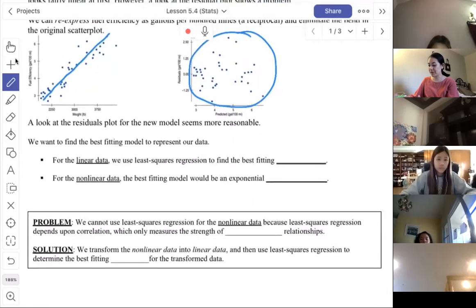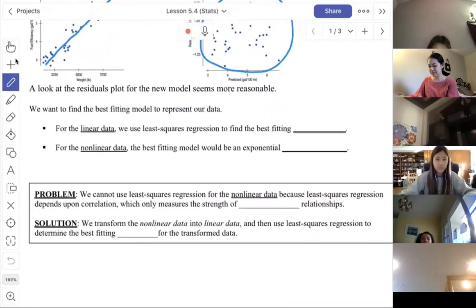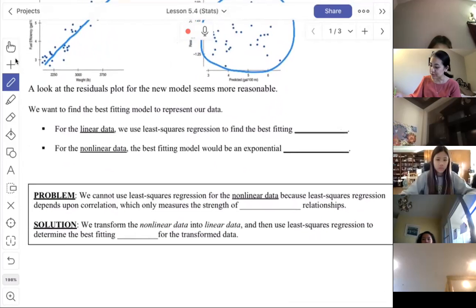All right, so for linear data we use the least squares regression line to find the best fitting line. For linear data, it makes sense to find a best fitting line. For nonlinear data, technically, you would model it with an exponential curve.